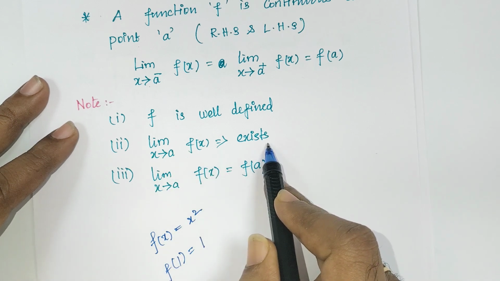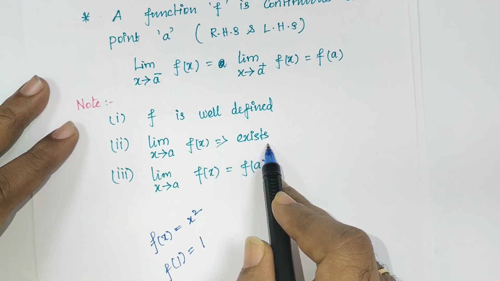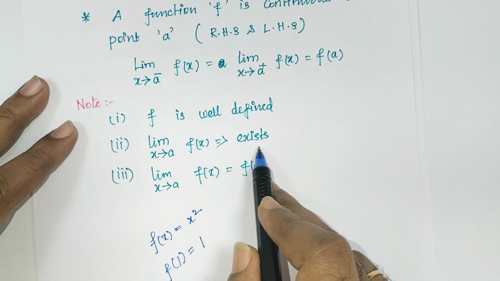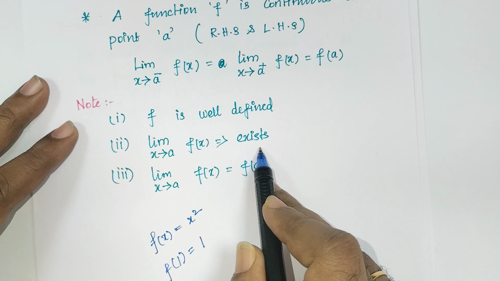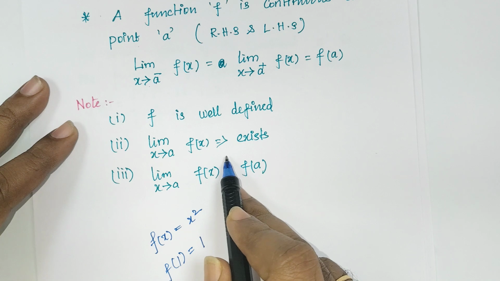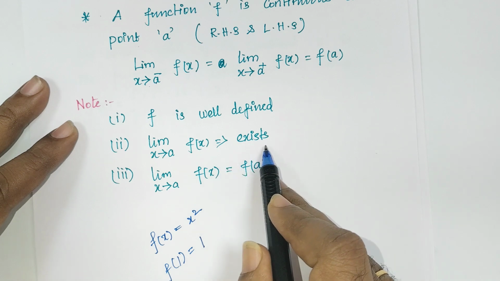You already know how to identify existence. If you want to know how to check whether it exists or not, refer to the previous videos, where we solved many problems in this section. The limit exists if the left hand side and right hand side are equal, otherwise it doesn't exist, and we cannot conclude it is continuous.